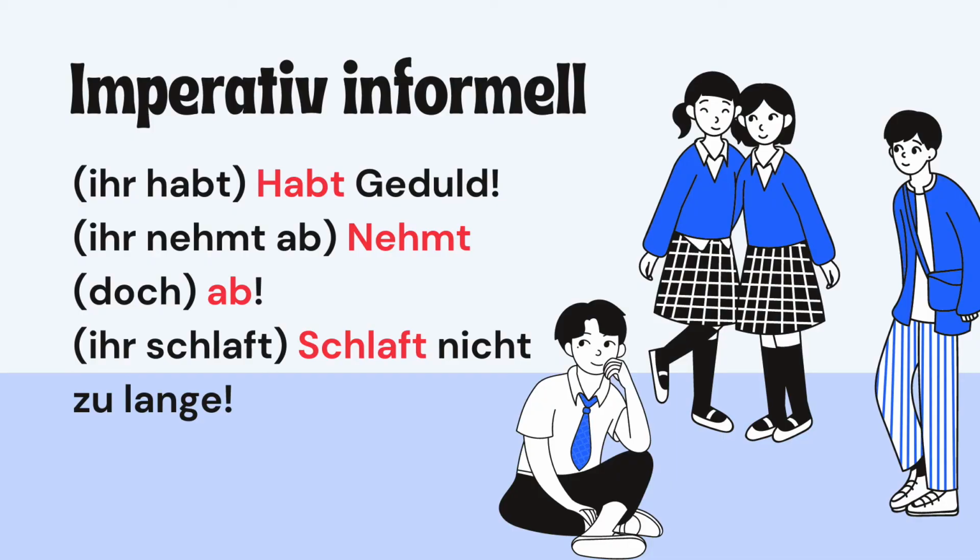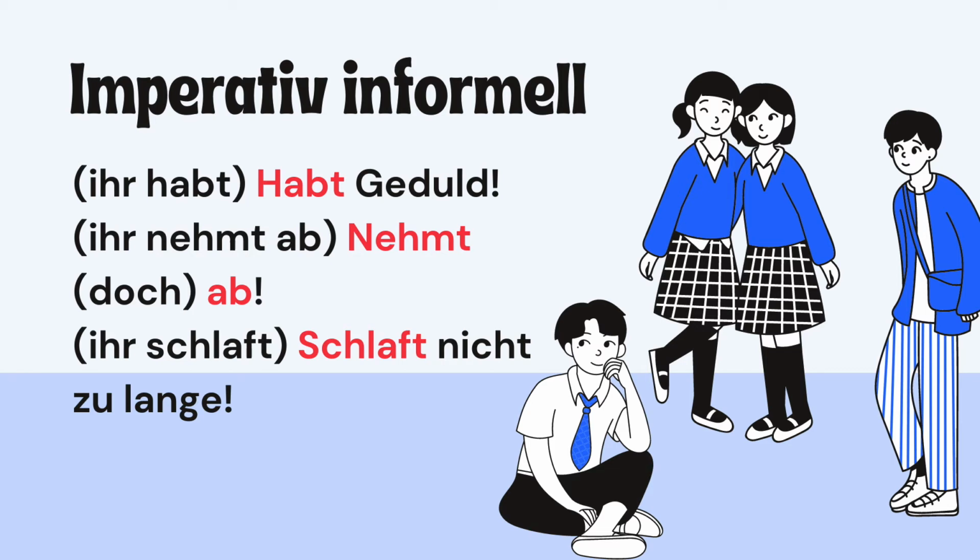On the next slide, you can see the informal imperative. Ihr habt means you have. If you want to say be patient, you can say habt Geduld. Geduld means patience. So habt Geduld means be patient.